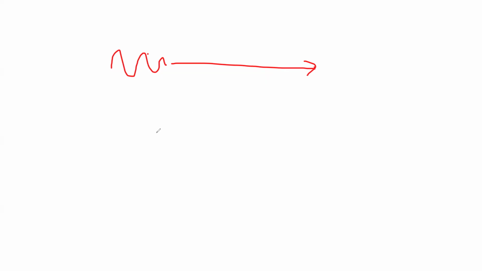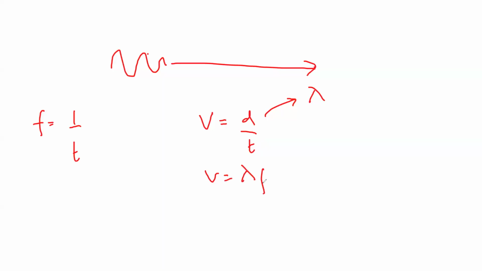So if we say that speed is distance divided by time, the distance covered by the wave, in terms of the wavelength, is lambda. And what about the frequency? The frequency is the reciprocal of the time period. So if we simplify this, in place of d we write lambda, and in place of 1 over t we write f.